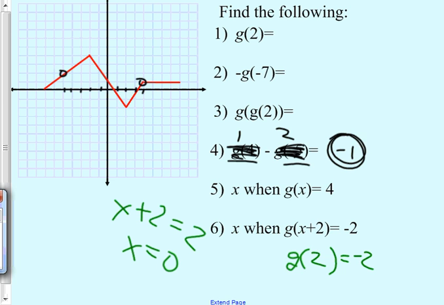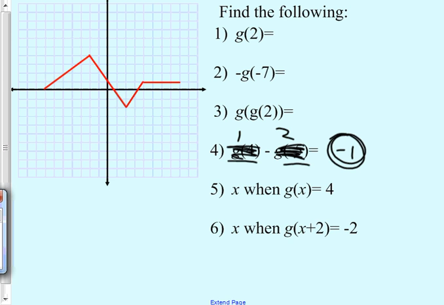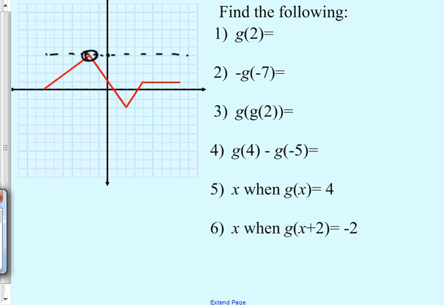This next kind is one of the tougher ones. G of x equals 4. It's not super hard. It's just that they didn't tell you x. They told you g of x, which is kind of like telling you y. So they're telling me y is 4. If y is 4, I'm going to follow that up to here, and y equals 4 is a line that runs like this, so you can see that must be the important spot. And what do I need to know? I already knew the y.